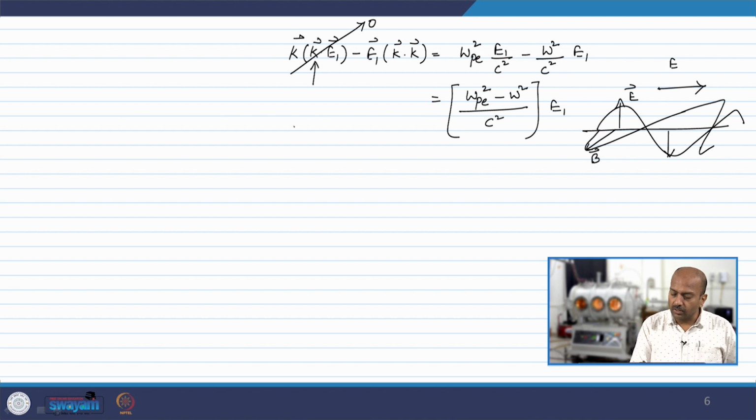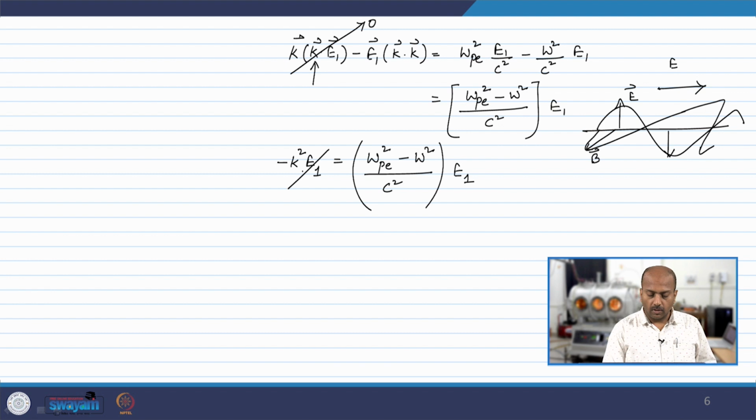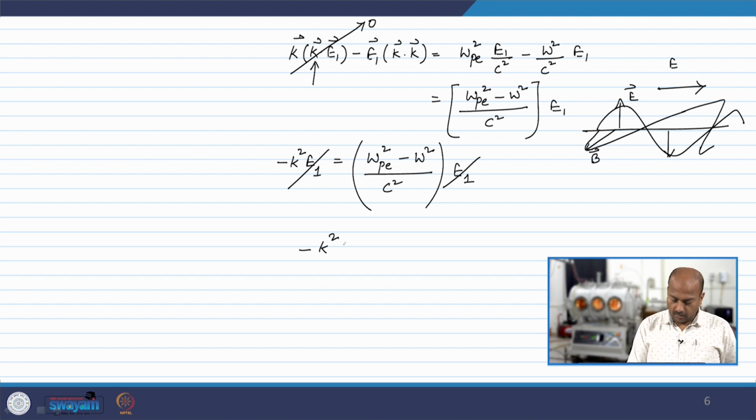So, what we will be left with is minus k square E1 equals omega pe square minus omega square by c square, multiplied by E1. Let us get rid of E1, and what we have is minus k square equals omega pe square minus omega square by c square.